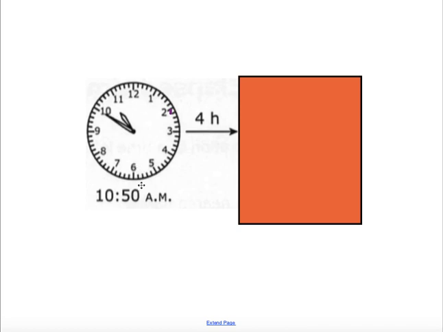Now here, what is 4 hours later than 10:50? Well, we can jump: 10:50 to 11:50 to 12:50 to 1:50 to 2:50. Now notice we have AM. Once you go to 12, you are now at PM for noon.